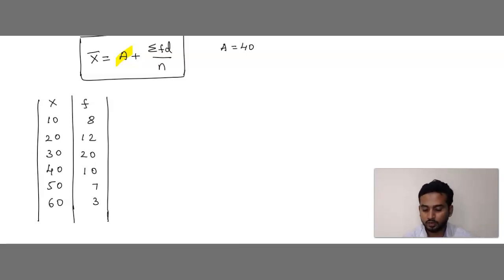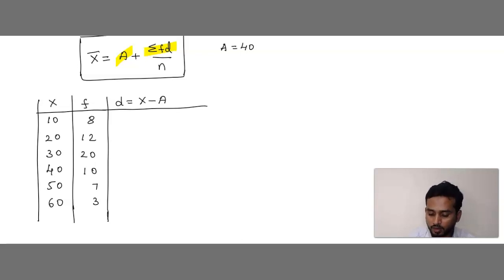We got the first number. Next what do we want? Sigma FD. Let me find. To find sigma FD, first we should know the D value. So D is equal to x minus A. What is x? I will put a line here so that you do not get confused. The value of x is 10 minus, what is A? 40.